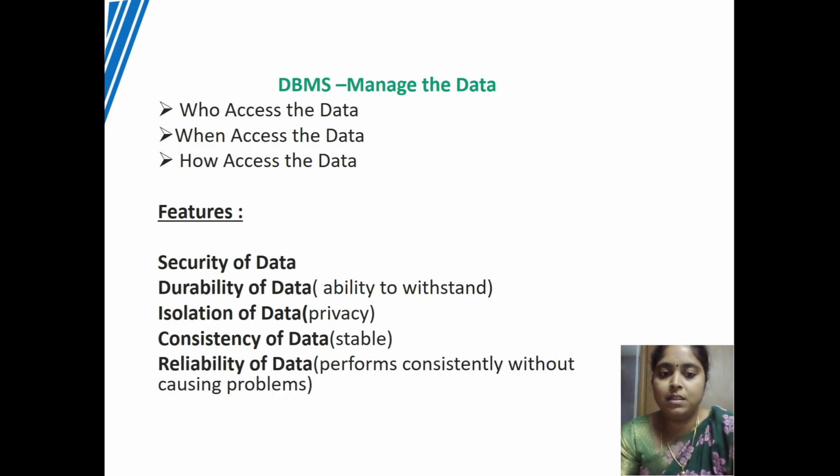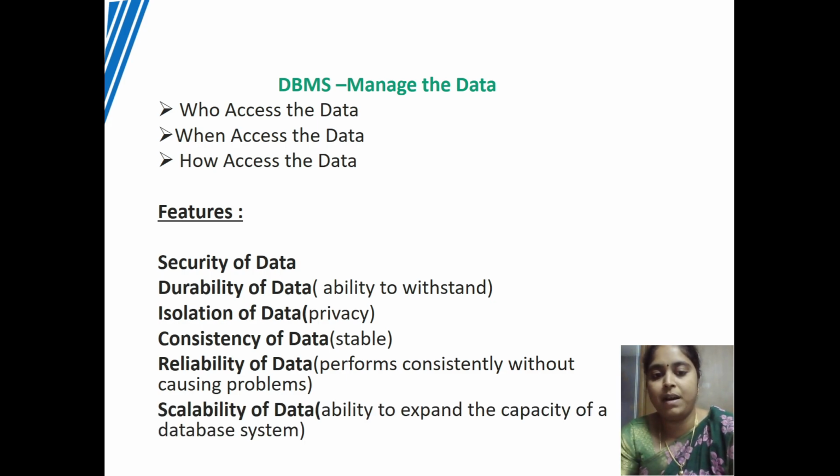Okay, then reliability of data means we can store data without causing any problems. Then scalability of data means it can expand the capacity of database systems. If we need to store extra information, it is allowed. So it allows us to store extra information.